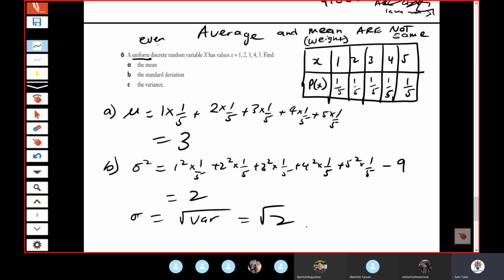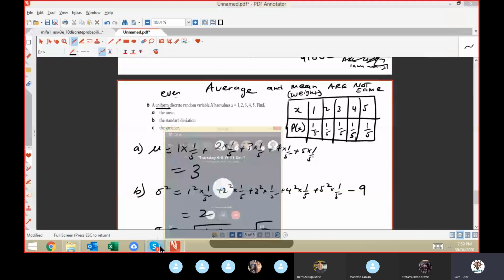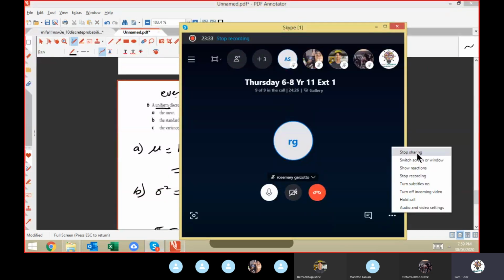Cool. Again, that variance even makes sense because you have deviated away maximum from the middle, only for a uniform discrete random variable. So to me, that just makes sense. But anyways, all right. And let me stop this recording.